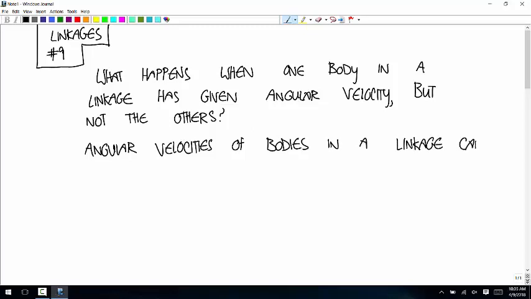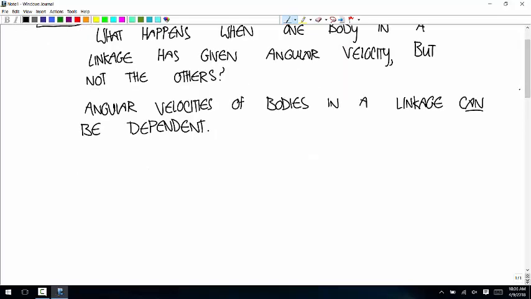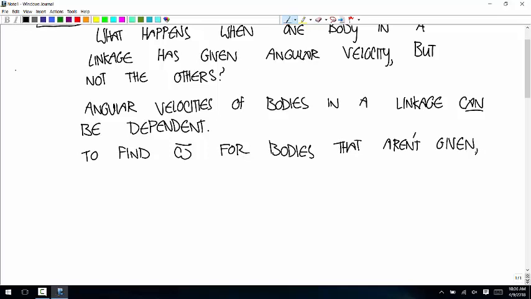They can be dependent. So to figure out the angular velocities, to find the omega vectors for the bodies that aren't given, you're going to use the same idea as the joint constraint. This time it's going to involve the velocities, not the accelerations.